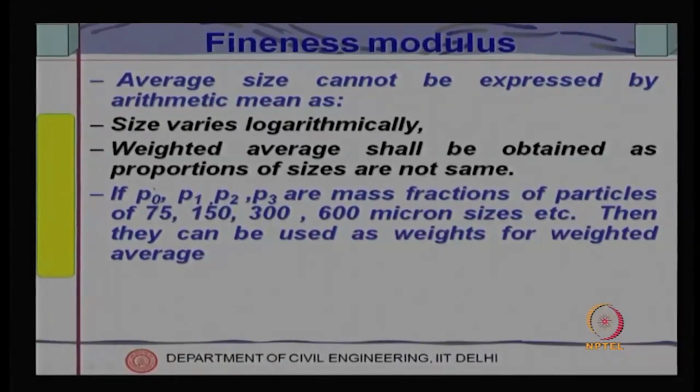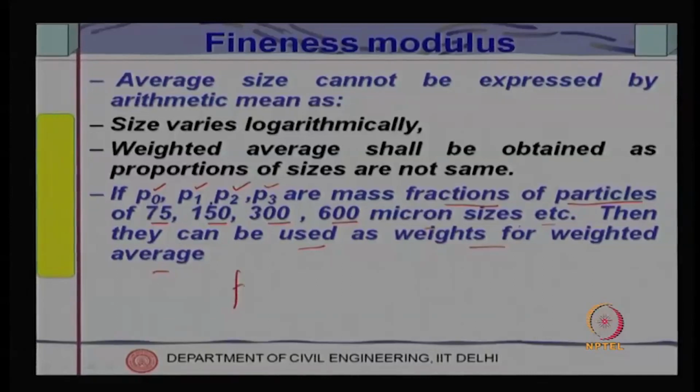So, if we know P 0, P 1, P 2, P 3, etc., as the fractions of particles in 75, 150, 300, 600 micron sizes, etc., then they can be used as weights for the weighted average.